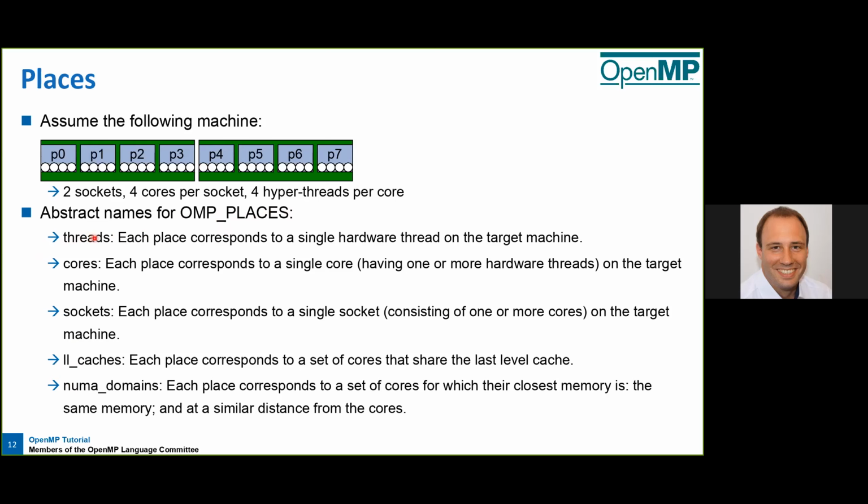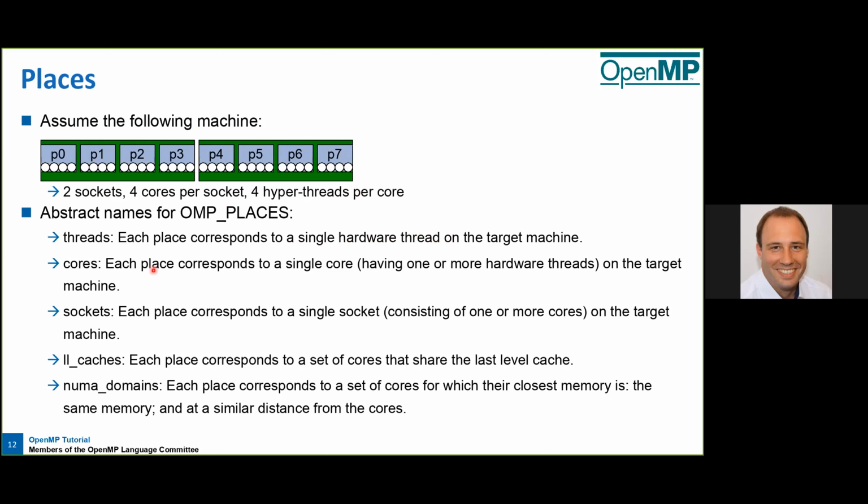So threads will create one place per logical thread or hyperthread. So that would be 2 times 4 times 4 on this architecture. Yeah? Because we have 8 times 4, 32 logical threads or hyperthreads on this architecture. Again, the runtime will understand your architecture and create a place list accordingly. The default is cores.